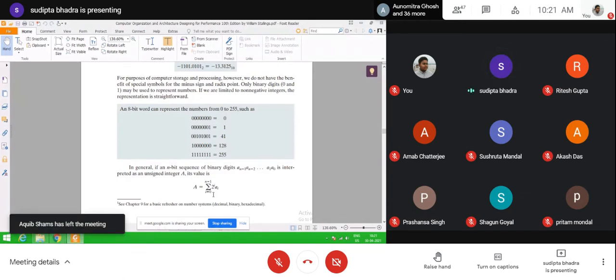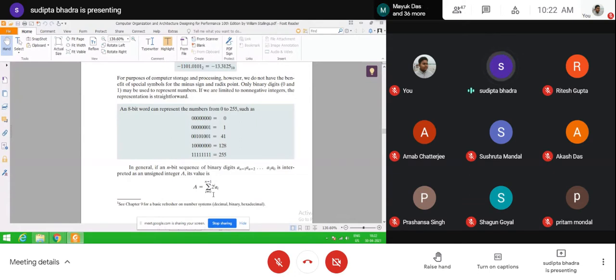Now, the ALU is going to perform operations on integers, but the ALU does not perform operations based on the decimal number system. The ALU depends upon the binary number system, so your integer should be represented in binary form.